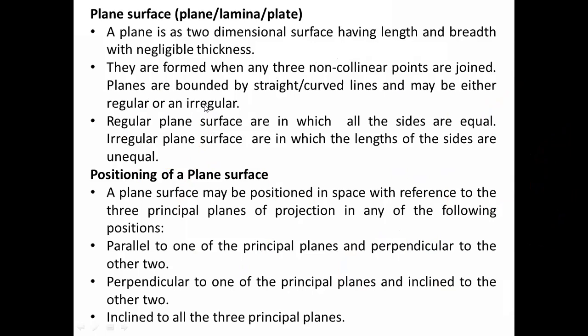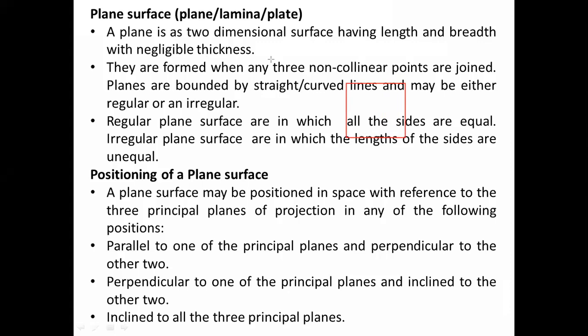Regular plane surfaces are those in which all the sides are equal. Means this is a regular plane. Now, if the question is regarding projection of a plane, first of all, they will give us the plane.